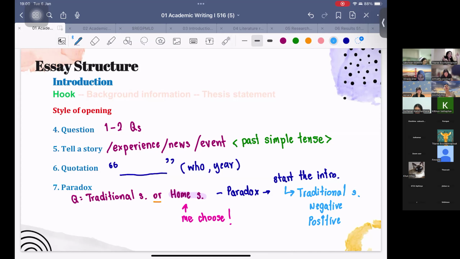And the next method is called paradox. This method, the last one, I don't see it in research writing, but let's say you take a writing test, when you tell a story, when you present, or when you answer in a writing test for English proficiency, you might start your intro with a paradox.